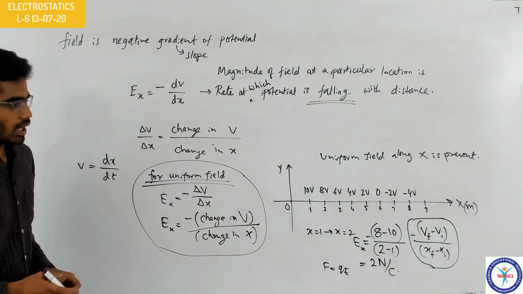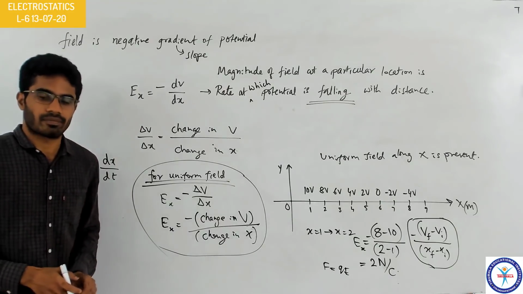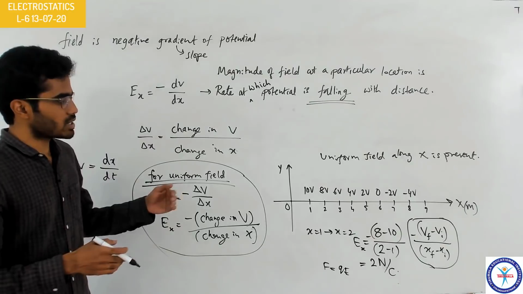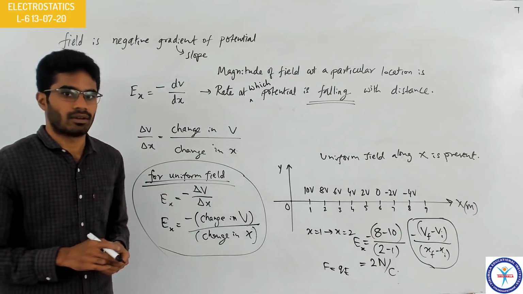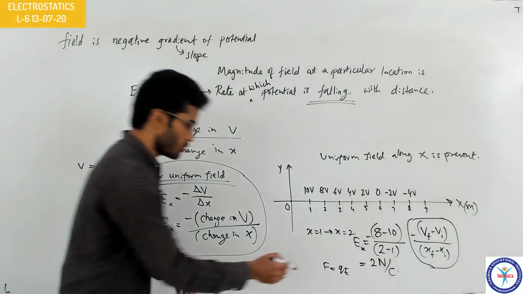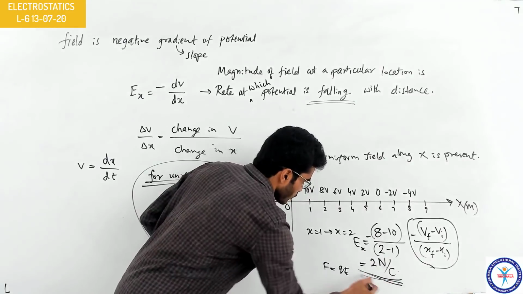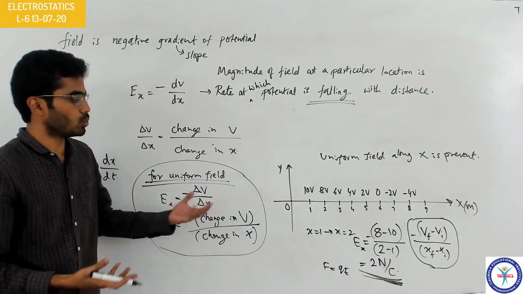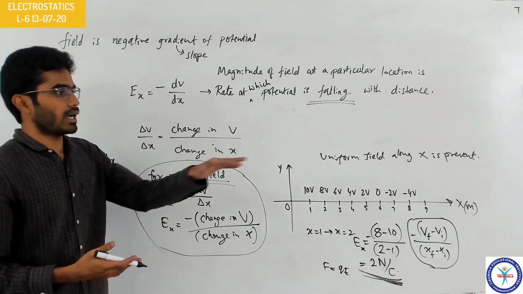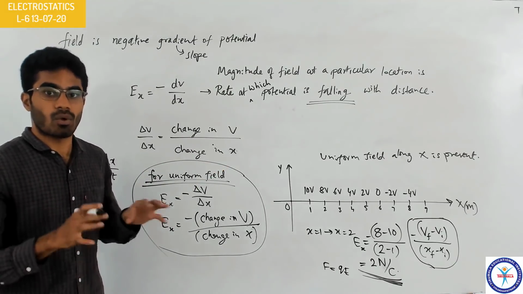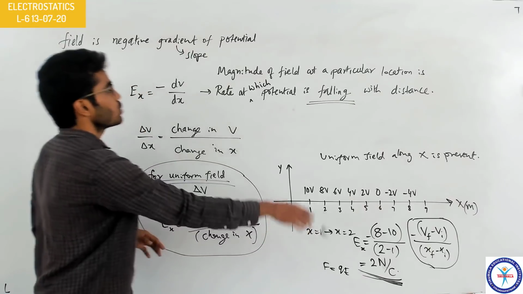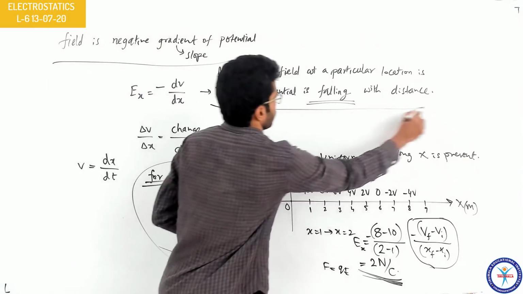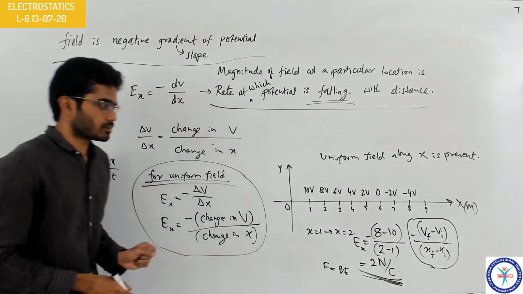So this is how you understand the field. The field is the rate at which potential is falling with the distance. Now from this information, if there is a constant field of 2 newton per coulomb in the x direction, what do you understand? From this answer you have to relate it with the definition.